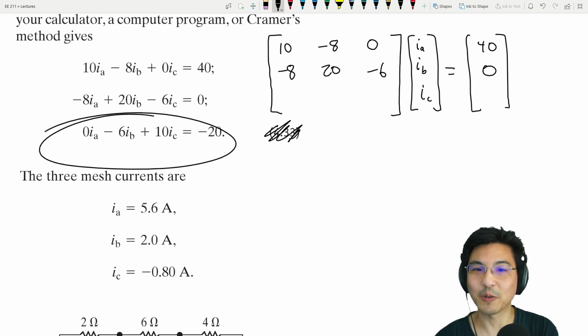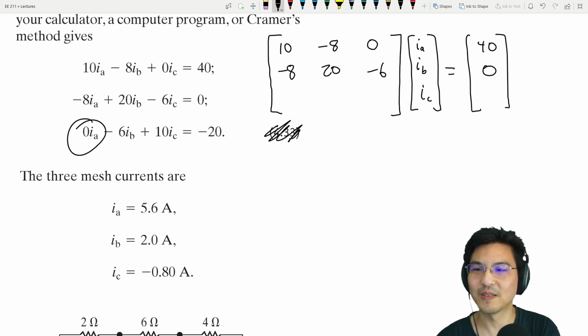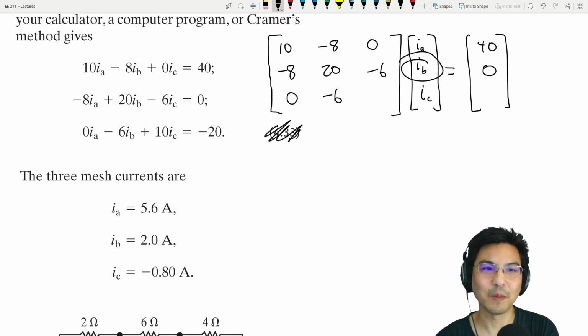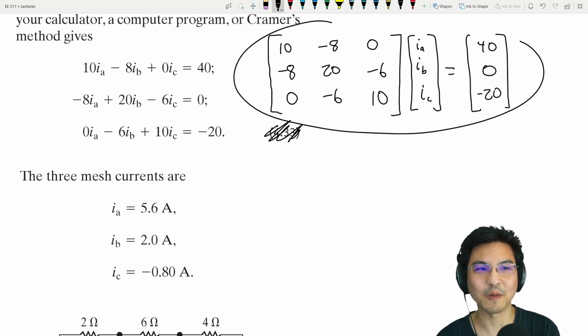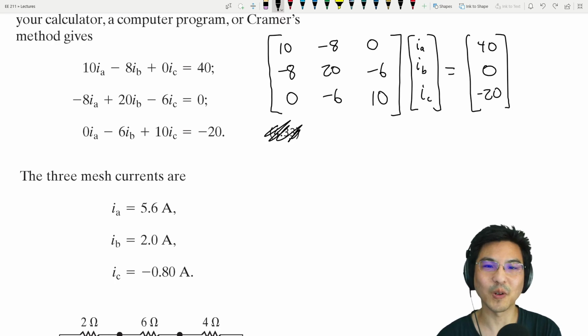Okay. Third equation is going to be the third row, 0IA minus 6IB plus 10IC equals negative 20. So here we go. Here's a matrix equation to feed to the computer.